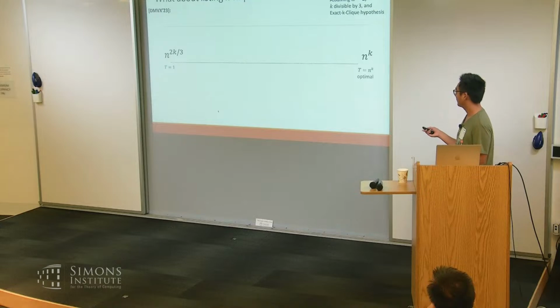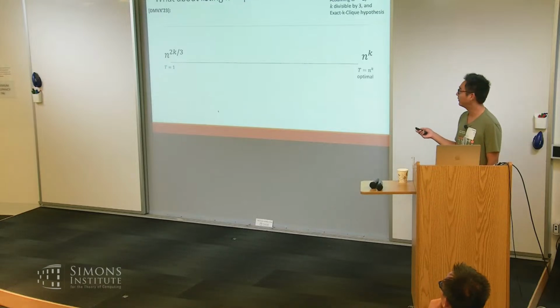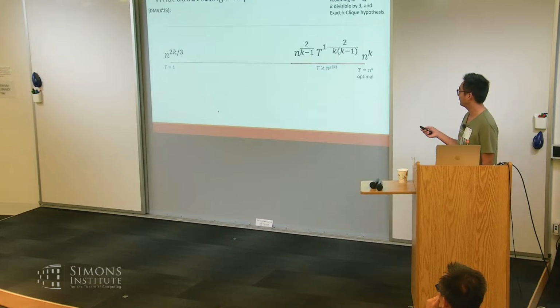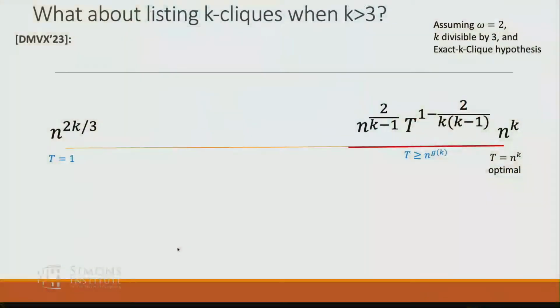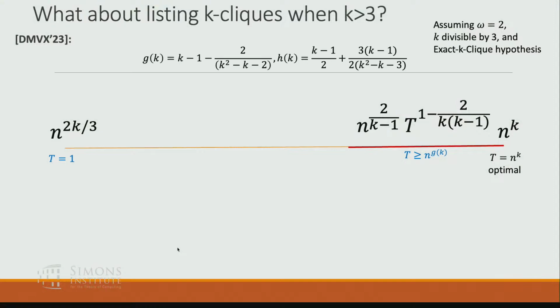And when the number of k-cliques is maximum, n to the k, we can also do brute force to have an optimal algorithm. And in fact, for t that is at least n to g_k, for some g_k defined there, g_k is k minus 1 minus 2 over k squared minus k minus 2. As long as the number of k-cliques in the graph is greater than or equal to g_k, there's a matching upper and lower bound.